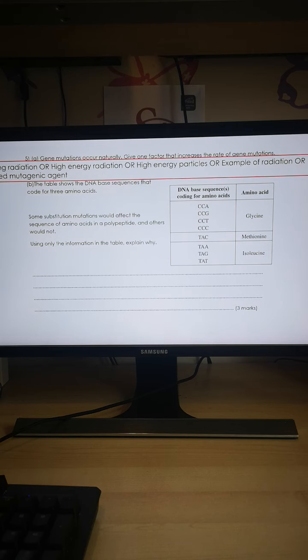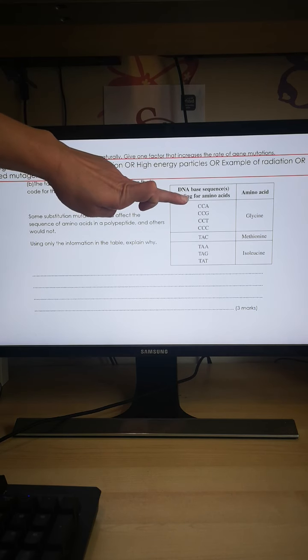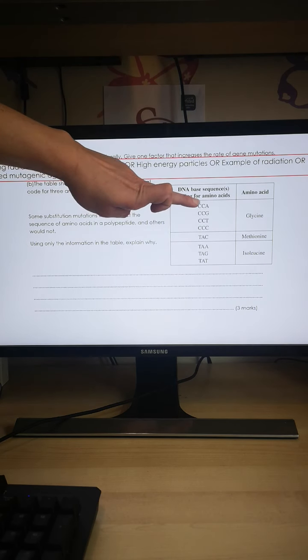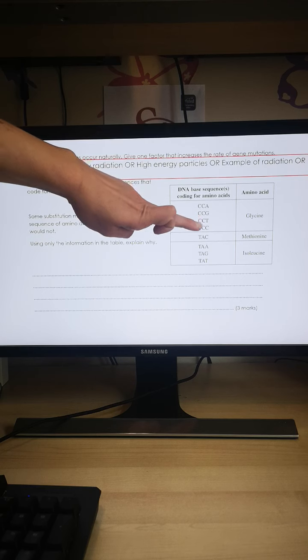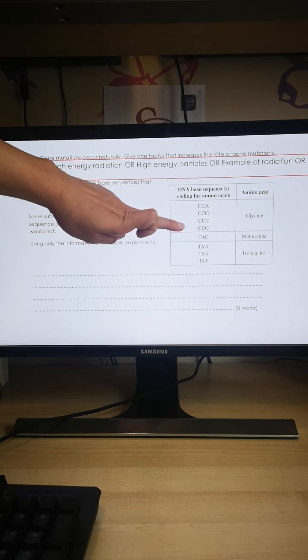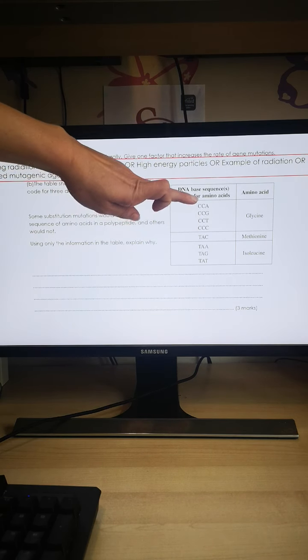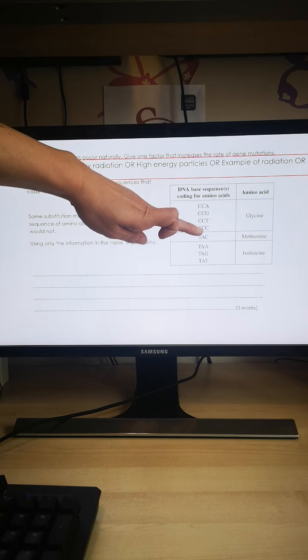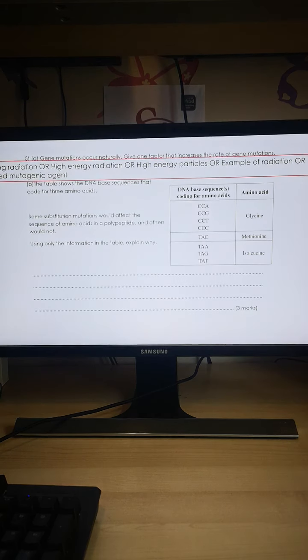So you can create substitution mutations, particularly this one here. If you substitute the last base in that triplet, it wouldn't matter. You can substitute it for any other and it still codes for the same amino acid. So that's the one I would go for.